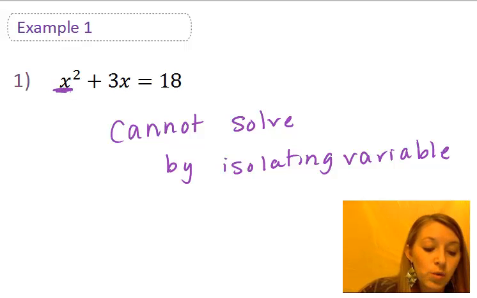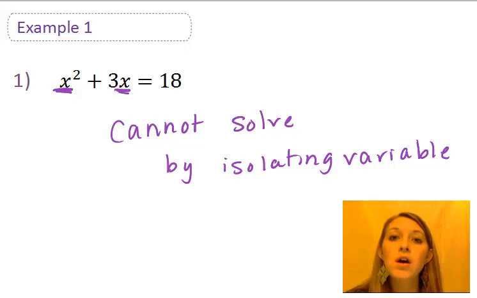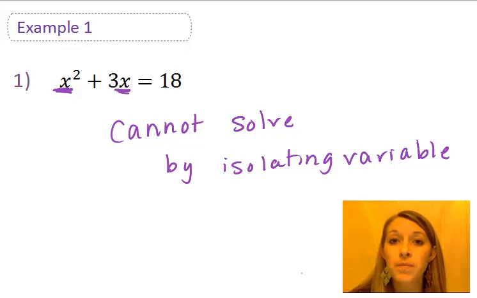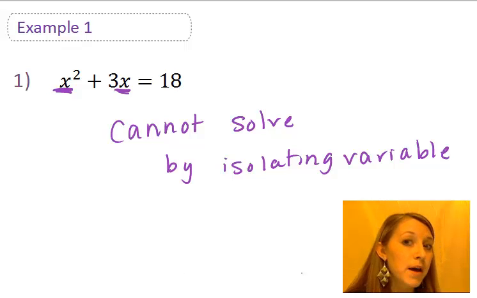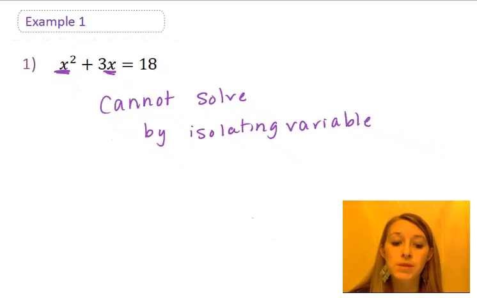We have a x squared here, and we have a 3x or an x there. So I cannot isolate the x because I see 2 of them. And I cannot combine these 2 x's because they are not like terms. So you cannot solve quadratic equations or anything higher like cubic or quartic equations by using your linear method. That's why we have to come up with new steps.